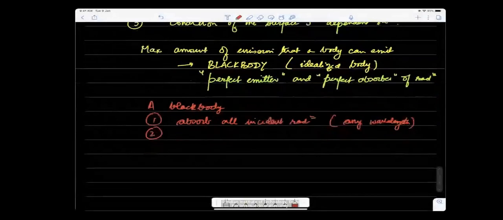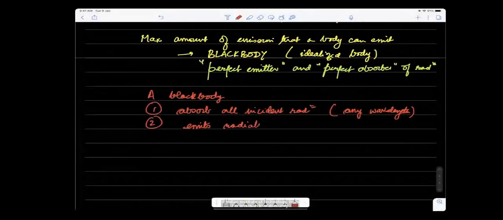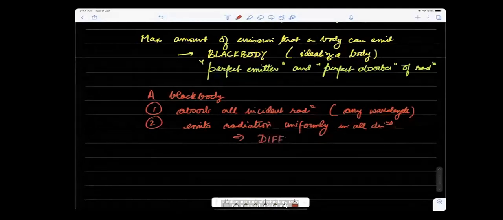And the second thing is that this black body emits radiation uniformly in all directions, which basically means that since it's emitting uniformly, it is a diffuse emitter. The emission is independent of direction.